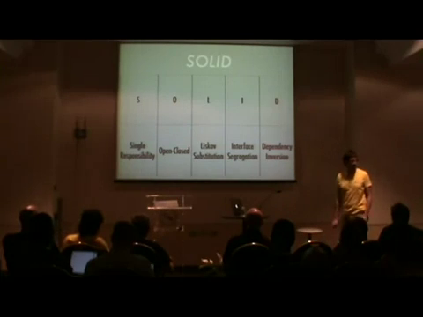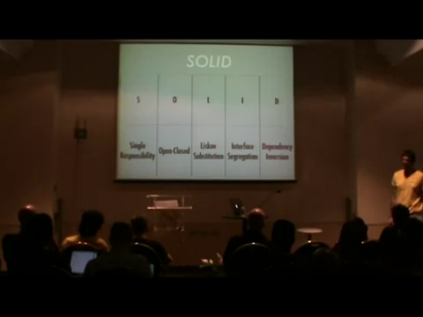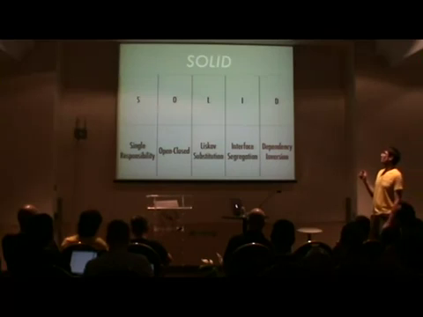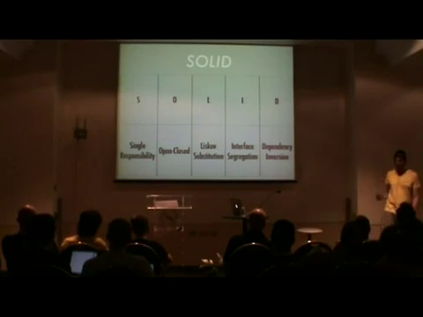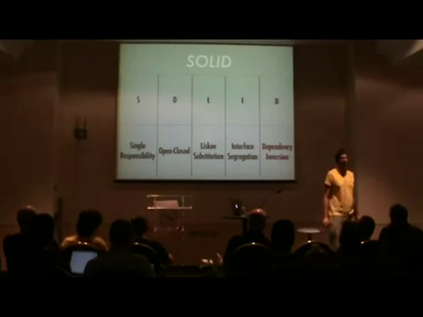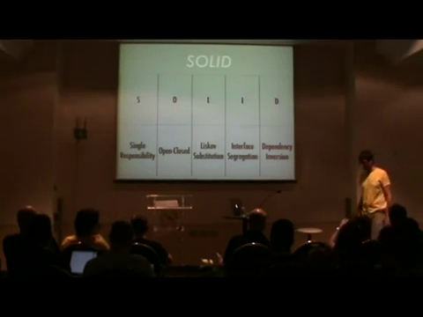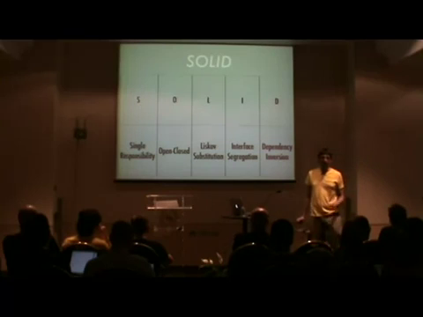What is dependency injection? Dependency injection is a means to achieve the last, but not least, of the great SOLID principles, which is dependency inversion. This principle was first formalized by Robert Martin in the mid-90s, I think, and it says two things.